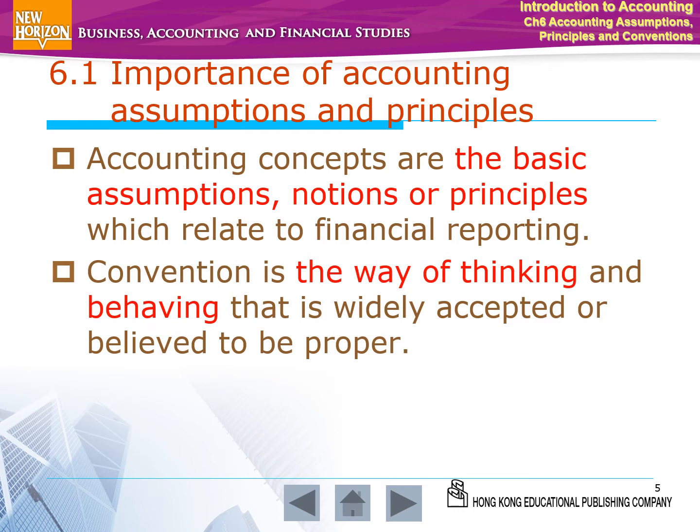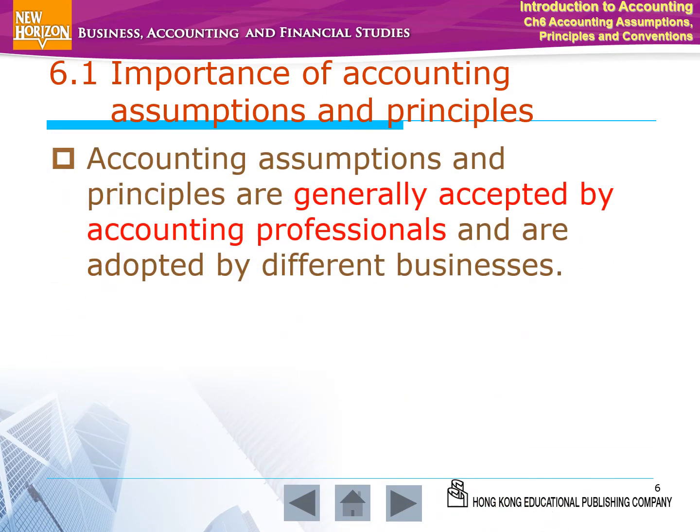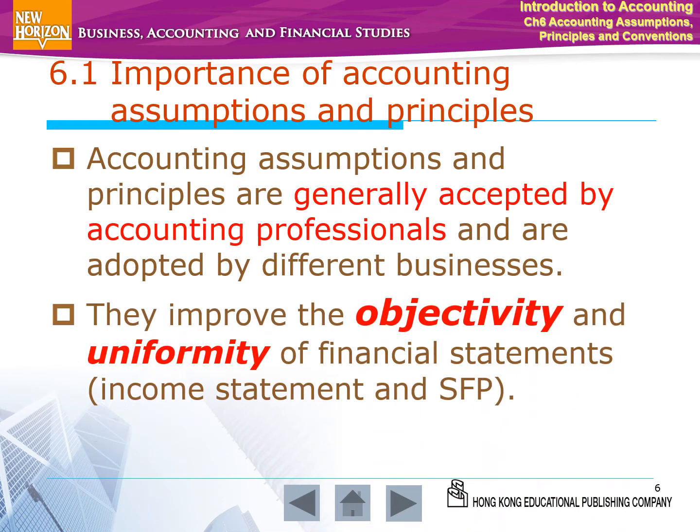Convention is the way of thinking and behaving that is widely accepted or believed to be proper. About assumptions and principles, they are generally accepted by accounting professionals and are adopted by different businesses. They improve the objectivity and uniformity of financial statements.